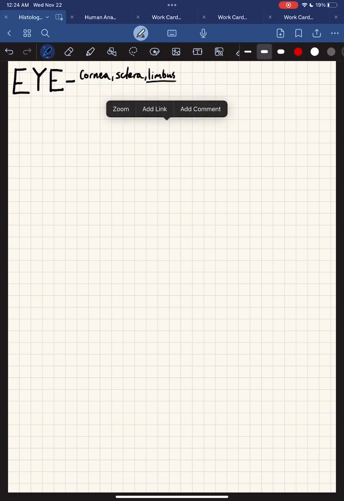So the parts that we're probably going to need to know, the most significant ones, are going to be the cornea, the sclera. It's not sclera, it's sclera. The C is silent. The limbus, which honestly, it's important, but it's kind of secondary, but you still need to know it because it is important.